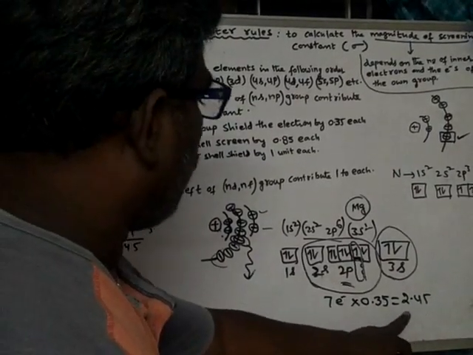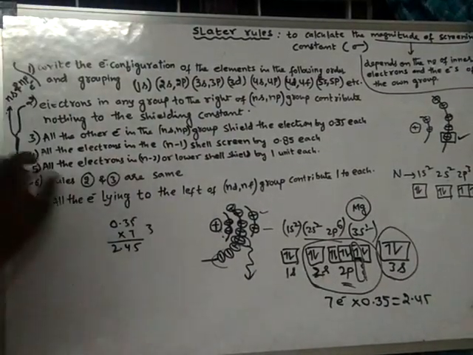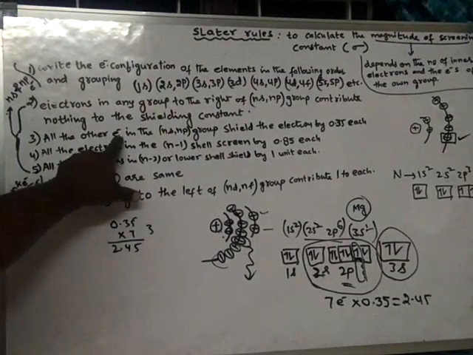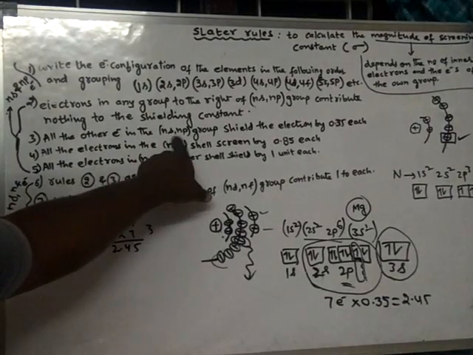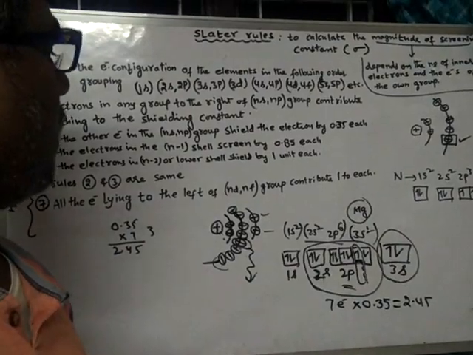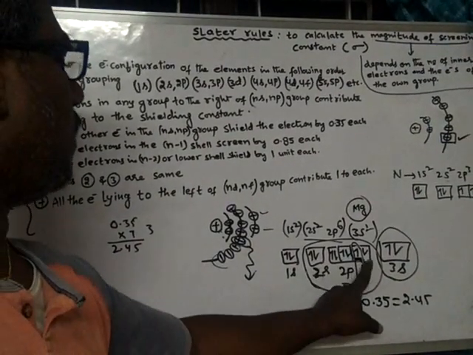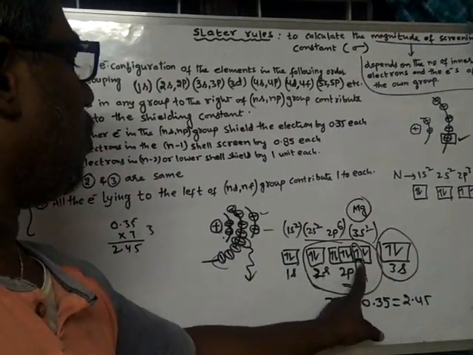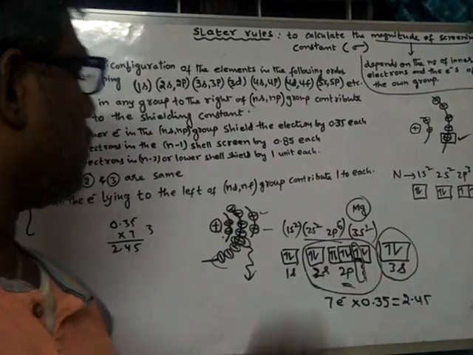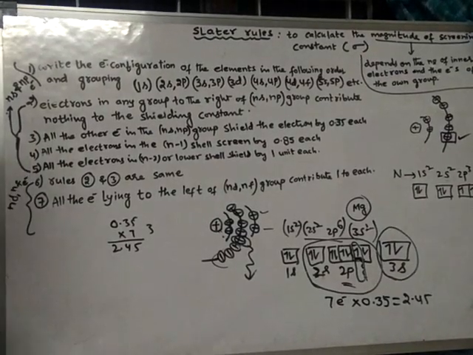So altogether a screening constant of 2.45 is shown by these electrons. So all the other electrons in the ns-np group shield the electron by 0.35 each. That means this much screening effect is shown by all the electrons present in its own group. Now let us learn the fourth rule.